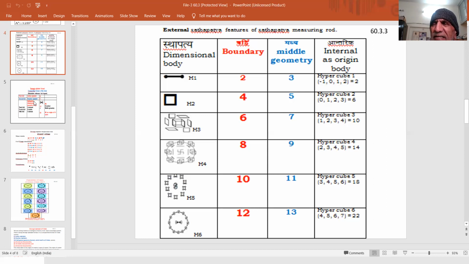Surya has 6 as its number, and the first letter of Ganita Sutras is the 6th vowel of value 6.